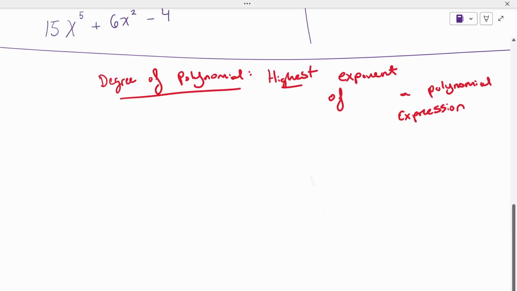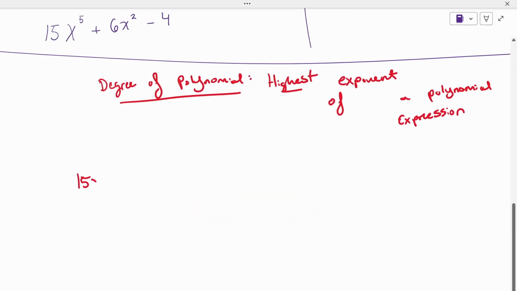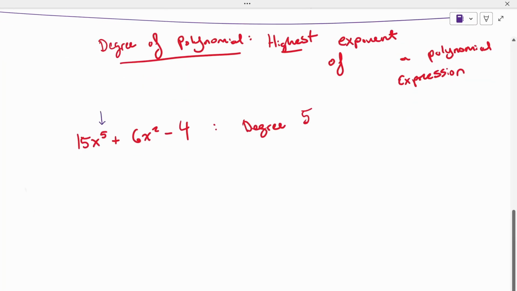So when you've got something like 15x to the fifth plus 6x squared minus 4, you would say that the degree of this polynomial is 5, because the highest exponent of the polynomial itself is this x raised to the fifth power. So you'd say this is a polynomial of degree 5.